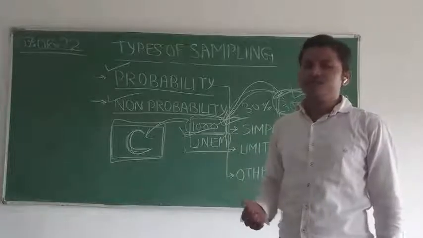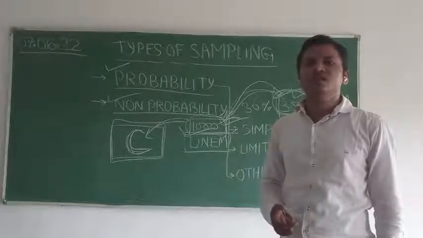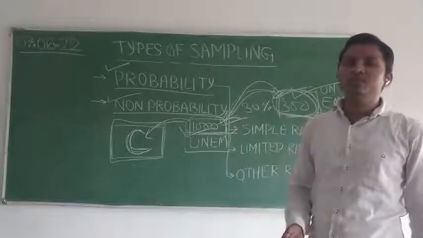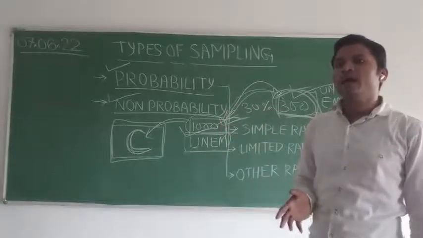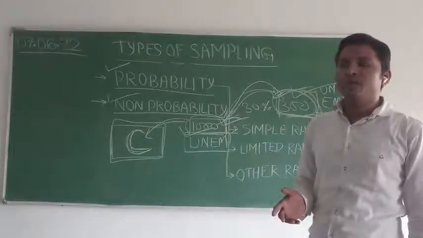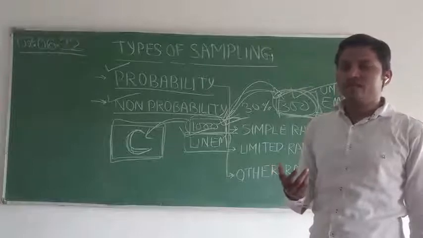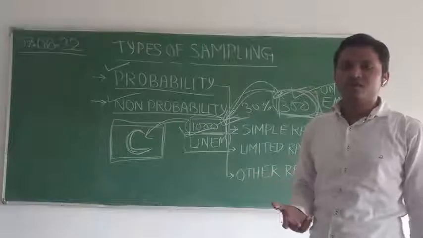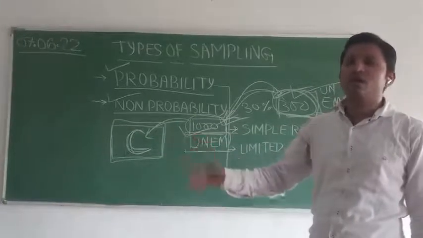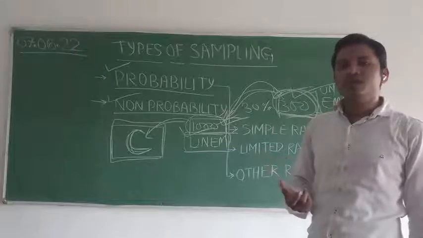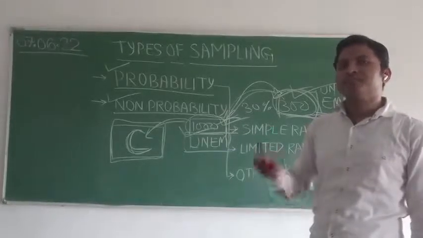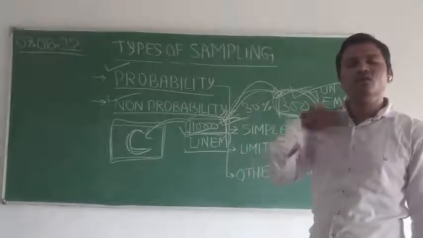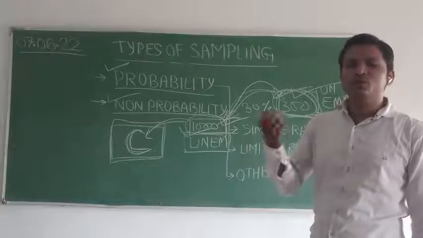So the universe is our research area, the community is our research area, and all the people can be chosen as a sample.